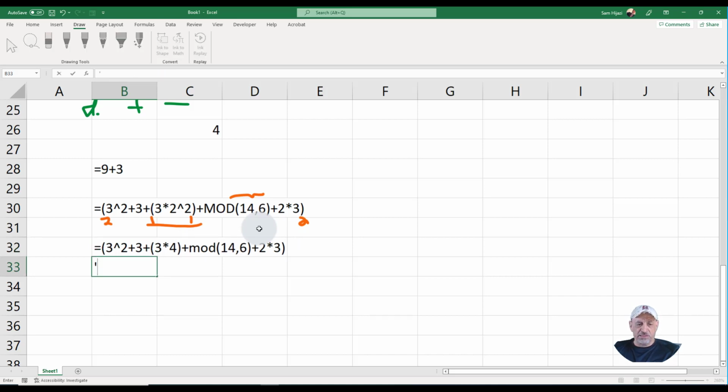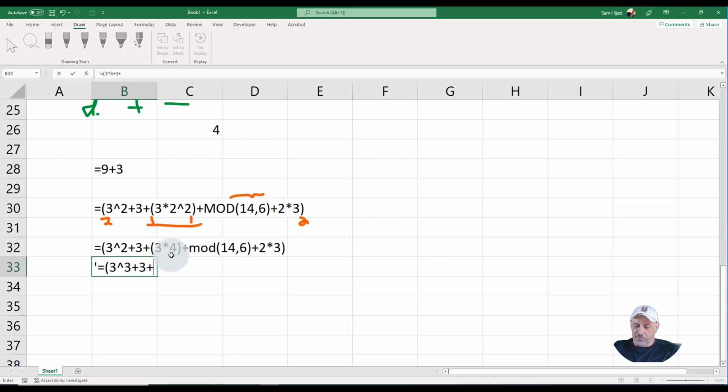In this case, we have to look at the most inner parentheses, which is 3 raised to the second power plus a 3. Let me see here if I did that correctly. Yes. Now inside the most inner parentheses, I have only one single operation left, which is 3 multiplied by 4.